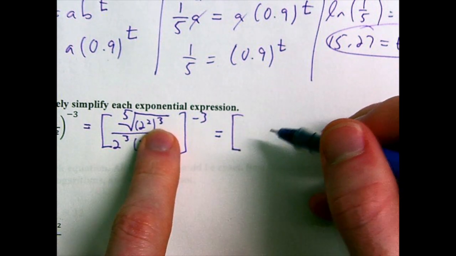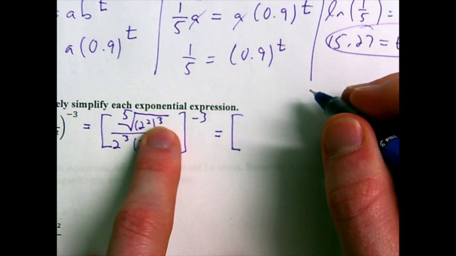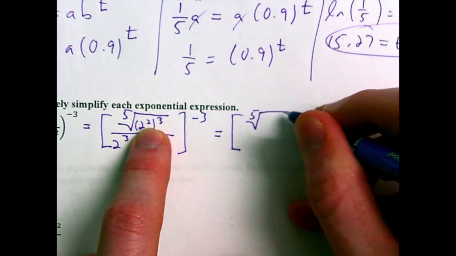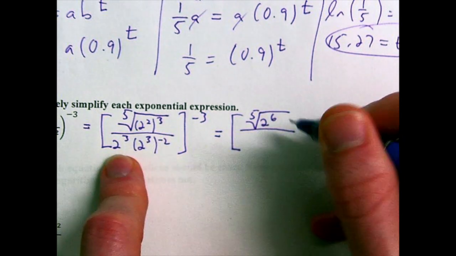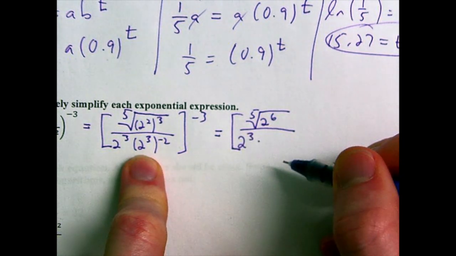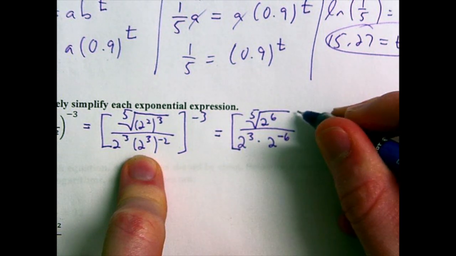So this is 5th root of 2 to the 6th, right? You multiply these two exponents, power of a power. Here, I'm just going to leave that 2 to the third. And then here again, you've got power of a power, so that's going to be 2 to the negative 6.